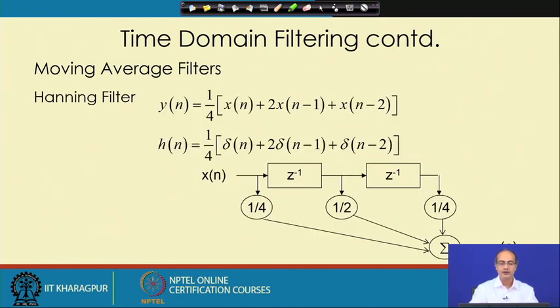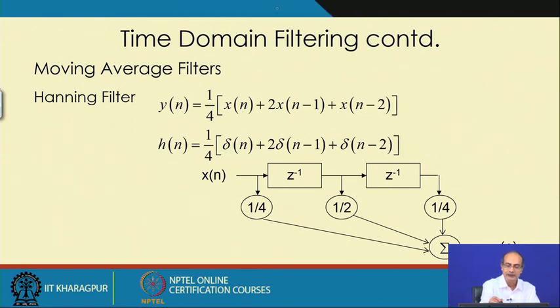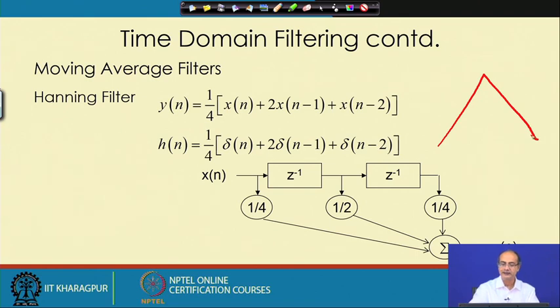Now here we take an example of the moving average filter. Here in particular we have taken a Hanning filter. Hanning filter is nothing but a simple triangular filter. The weights are like a triangle.